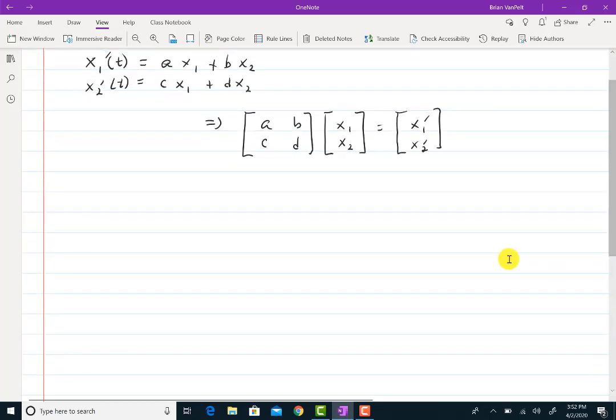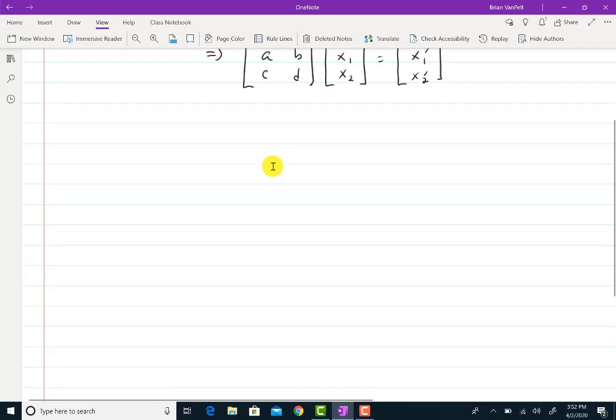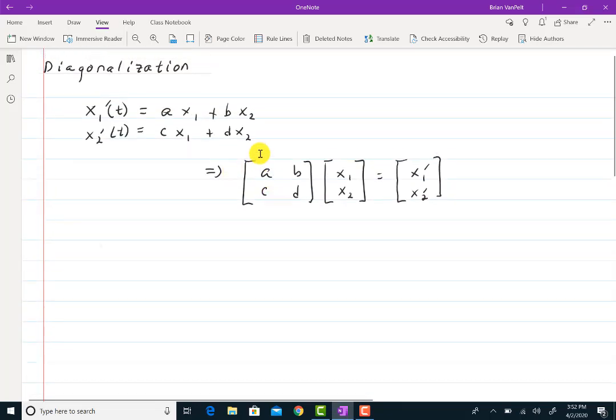Now, with this, if I could somehow change this matrix to a diagonal form, I would be able to solve this. Now, you might look and go, well, all this really is the following matrix: A, B, C, D, but then we have x1 prime, x2 prime.